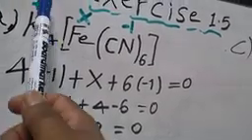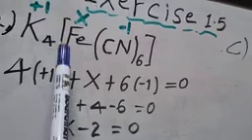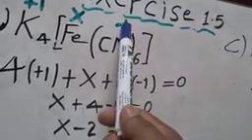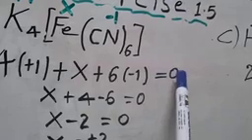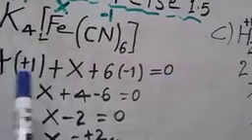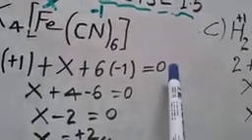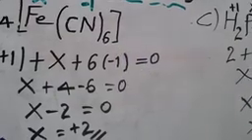Therefore 4 times +1, plus X, the oxidation state of iron, plus 6 times -1, must equal the summation of the oxidation states of the atoms in the given compound, which is 0.